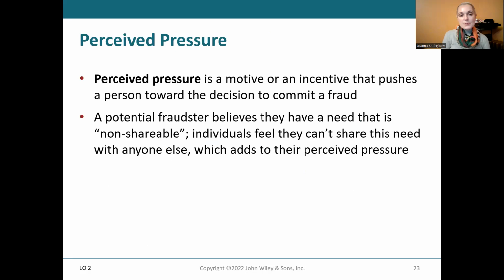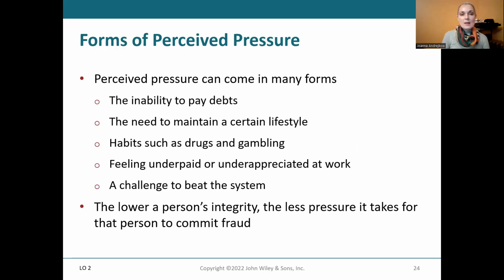As I mentioned, perceived pressure is a motive or an incentive that pushes a person towards the decision to commit fraud. A potential fraudster believes they have a need that is non-shareable. Individuals feel that they can't share this need with anyone else, which adds to their perceived pressure. So it's usually a secret. So another perceived pressure might be gambling debts that a person needs to get out of. Forms of perceived pressure.